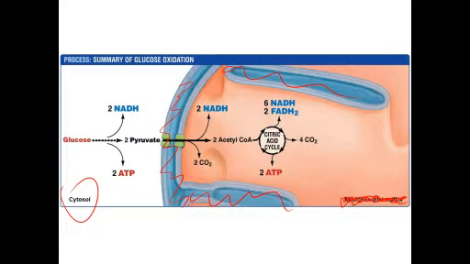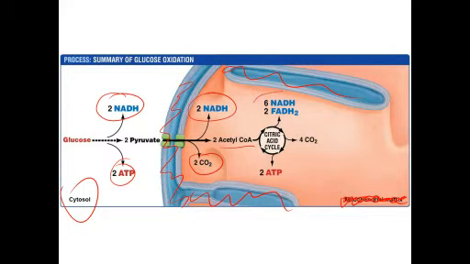You get 2 NADH, 2 pyruvate, 2 ATPs. Pyruvate is converted to acetyl-CoA, pluck off 2 CO2, transfer electrons to NADH. Now, you enter the citric acid cycle. You produce 6 NADH, 2 FADH2s, 4 CO2 molecules, and 2 ATP.